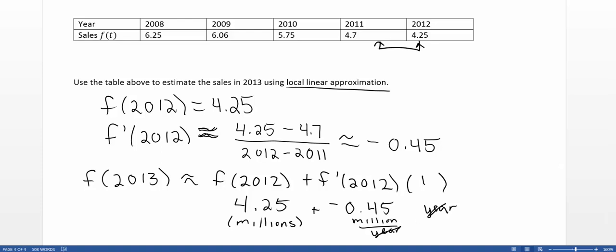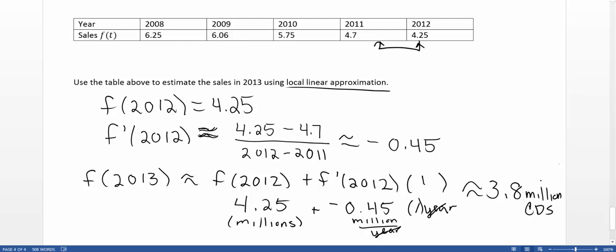So the years units are going to cancel, and I'm going to multiply the 1 times the negative 0.45, and anything times 1 is itself. So when I crunch this number, I get 4.25 minus 0.45, and I get 3.8 million CDs as my approximation.